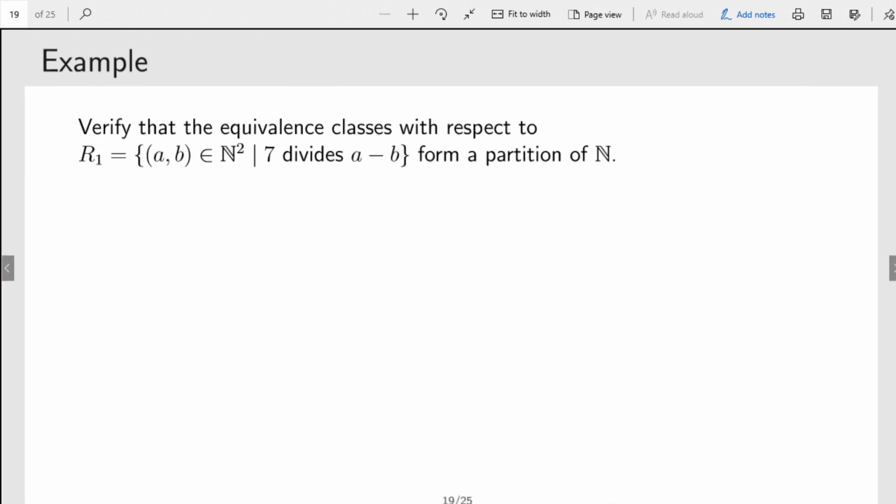The first example: we want to verify that the equivalence classes of this R1 form a partition of the domain, the natural numbers. So what are the equivalence classes of R1?